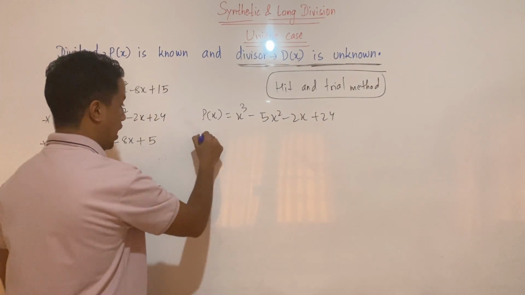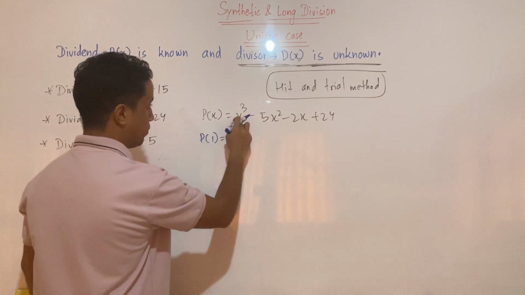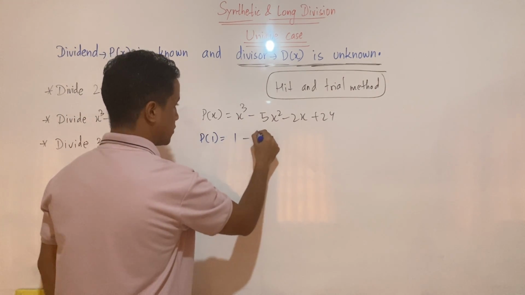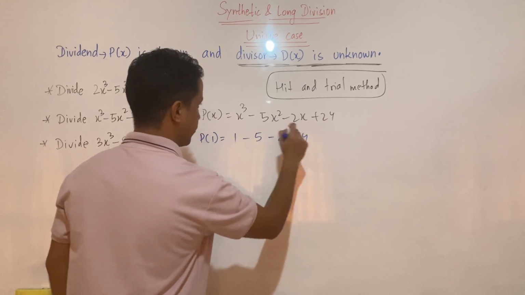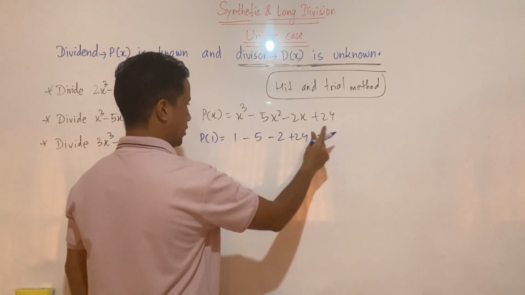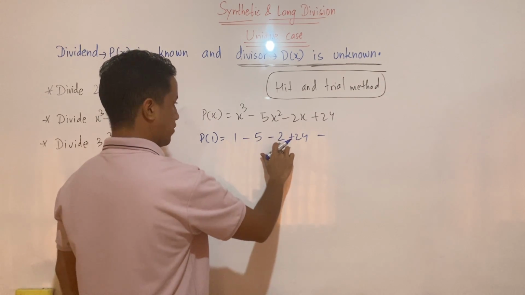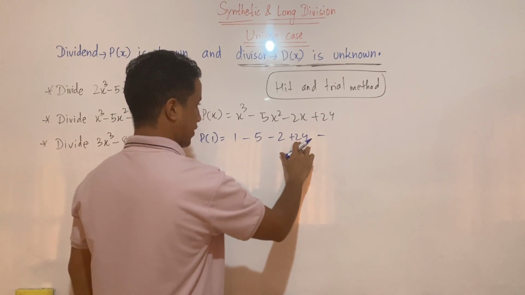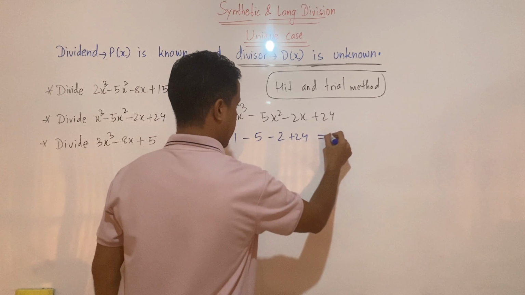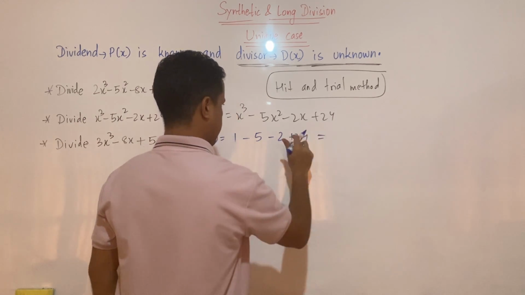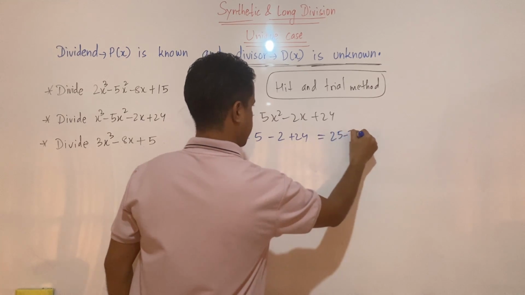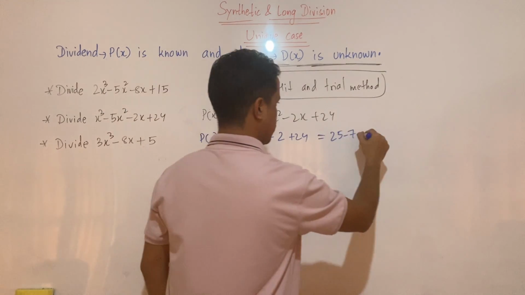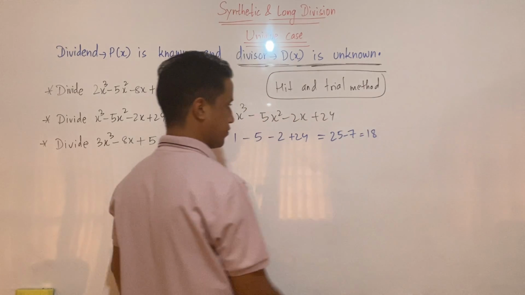So I will check for 1. For 1, it will be 1 minus 5 minus 2 plus 24. So it would be minus 7 and positive 25, so it's going to be 18, right?